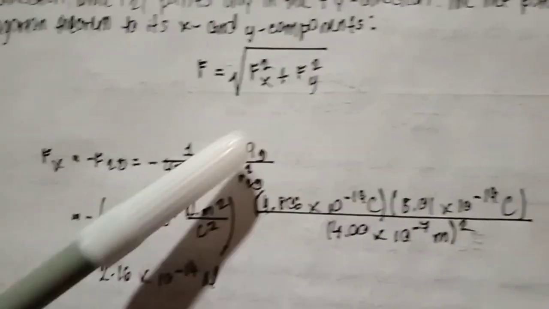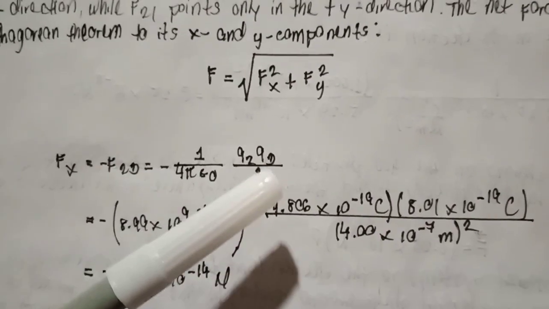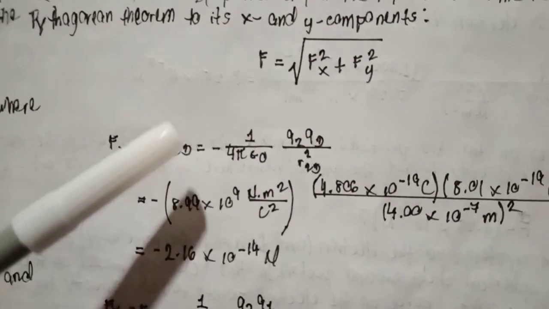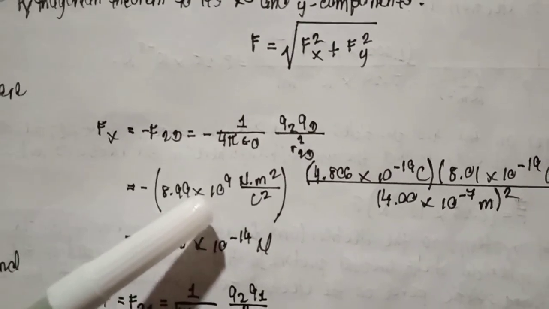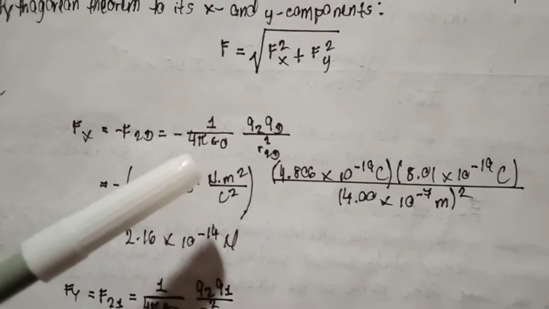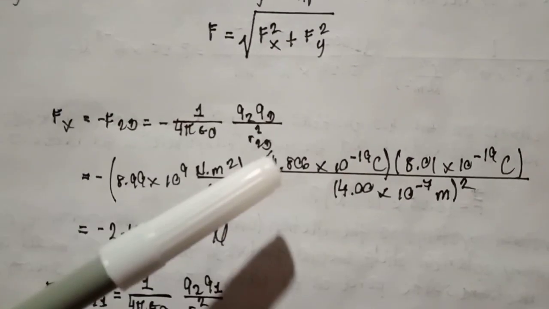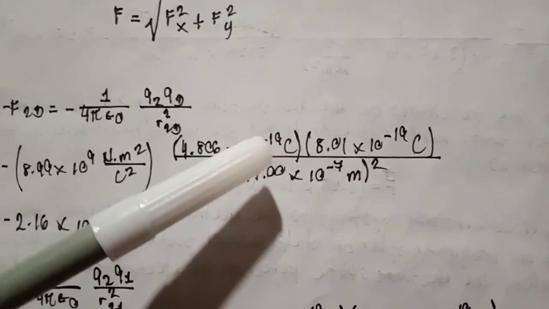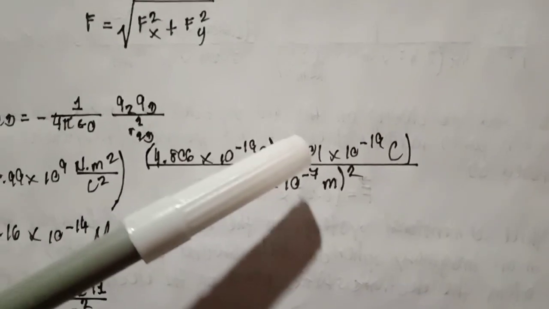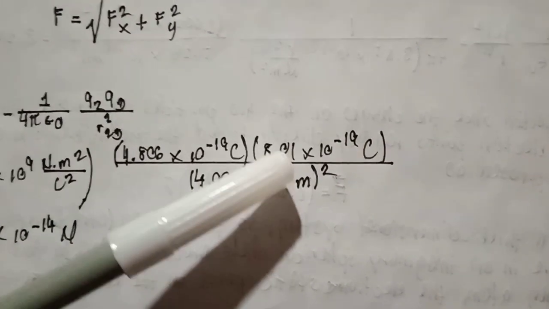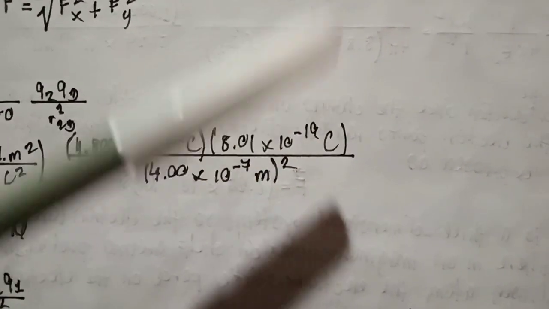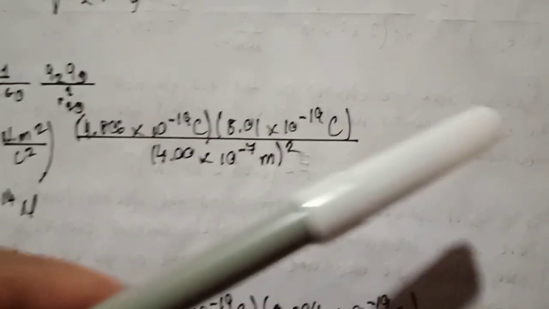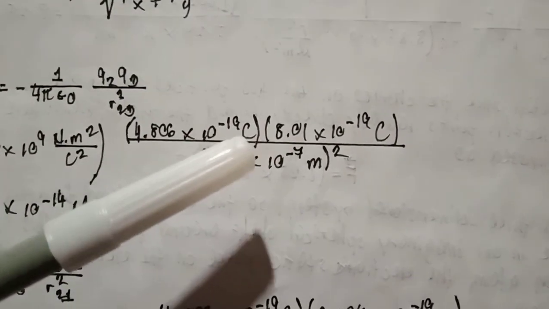3 over R squared sub 23, which equals negative, we get the quantity 8.99 times 10 raised to the power of 9 newton times meters squared over coulombs squared, multiplied by the quantity 4.806 times 10 raised to the power of negative 19 coulombs multiplied by 8.01 times 10 raised to the power of negative 19 coulombs over 4.044 times 10 raised to the power of negative 7 meters squared.